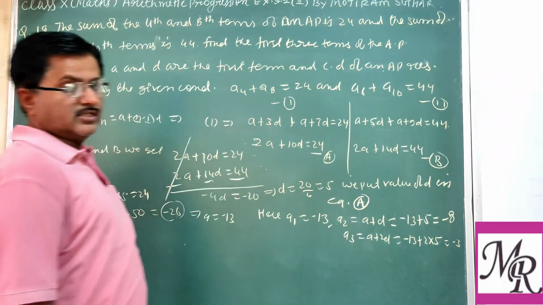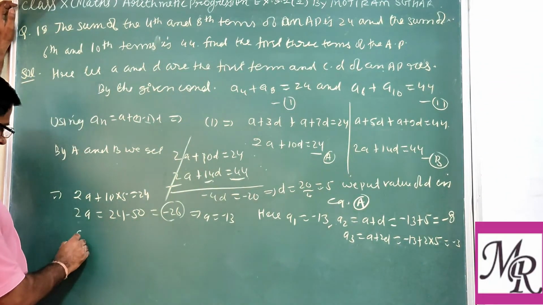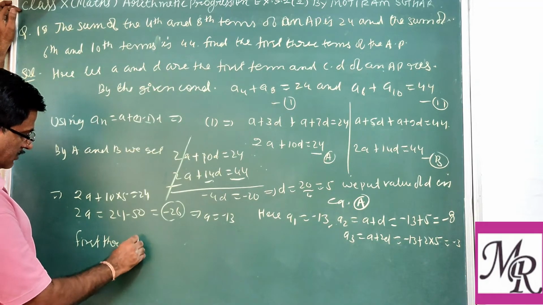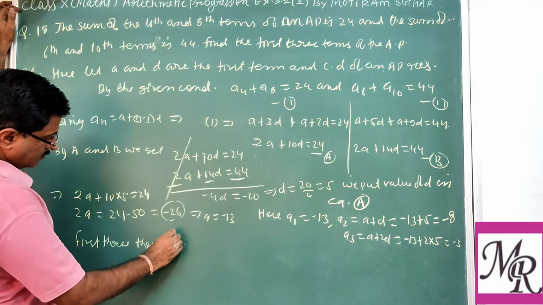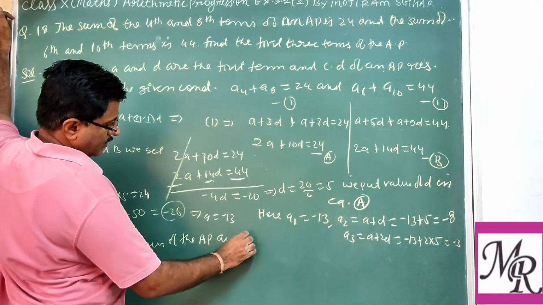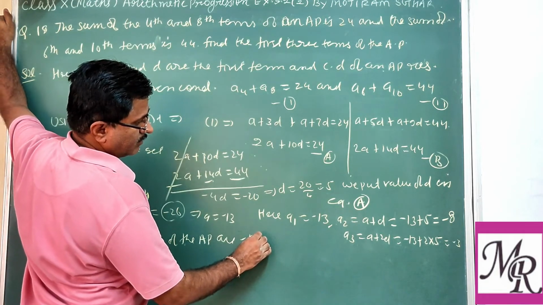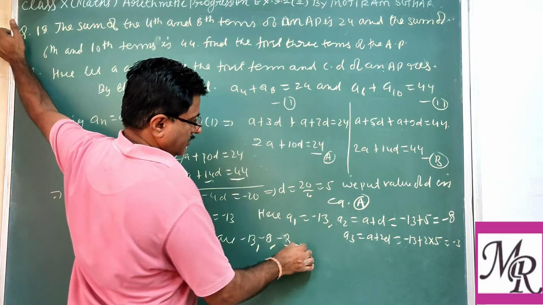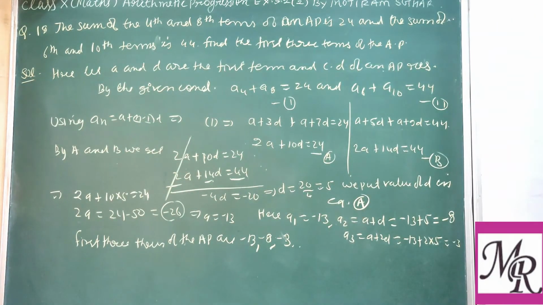So the first three terms of the AP are minus 13, minus 8 and minus 3. So in this way we get the first three terms.